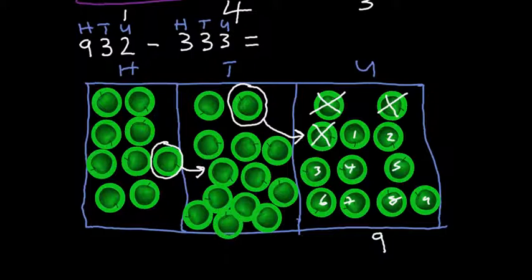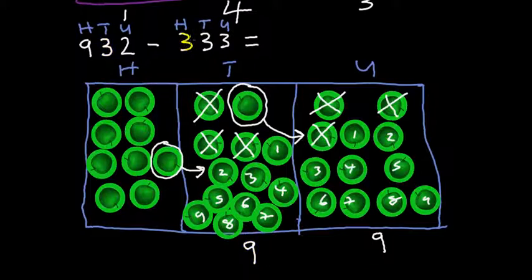Now we have enough apples to subtract the 3 apples from. So let's take them out: 1, 2, 3. How many apples are left? 1, 2, 3, 4, 5, 6, 7, 8, 9.